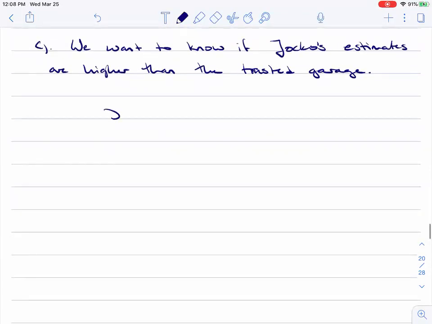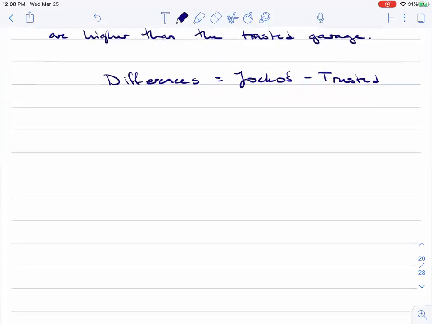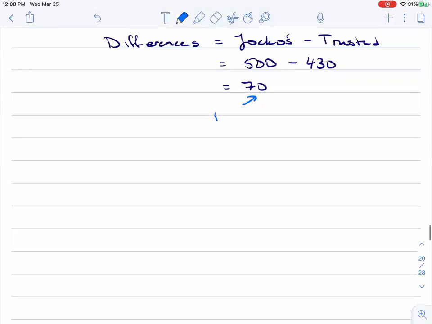Just remember how we calculated the differences: Jocko's minus trusted. As an example, 500 minus 430 is 70, which is positive.